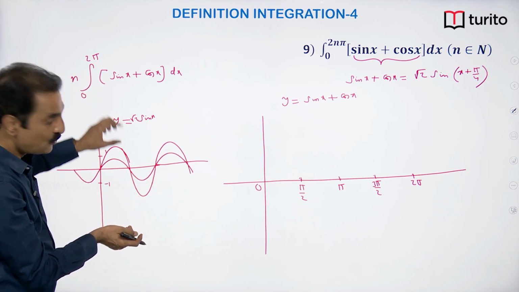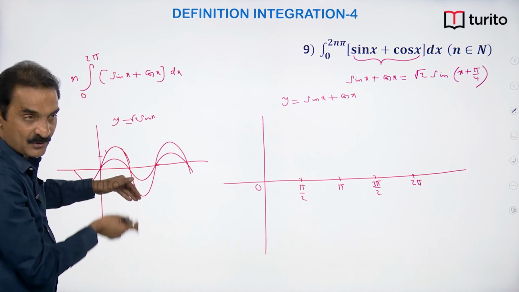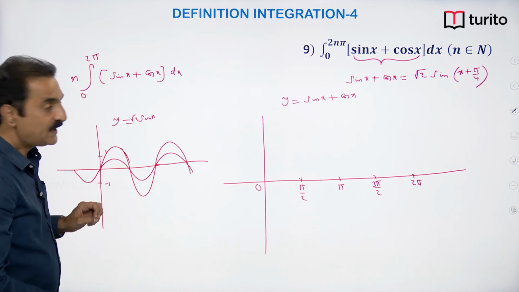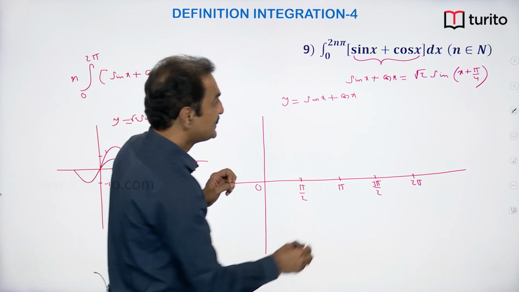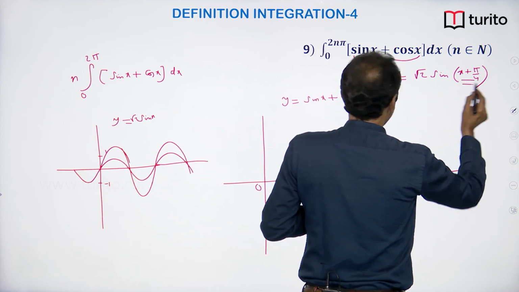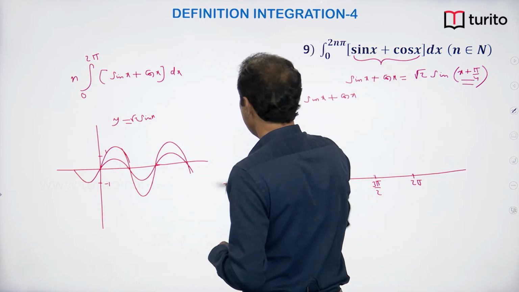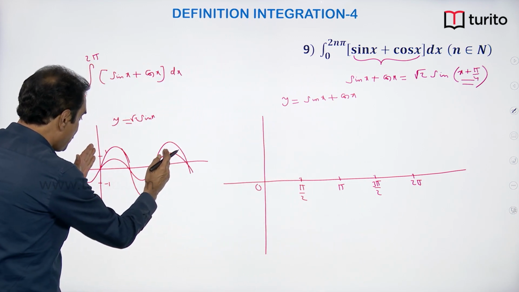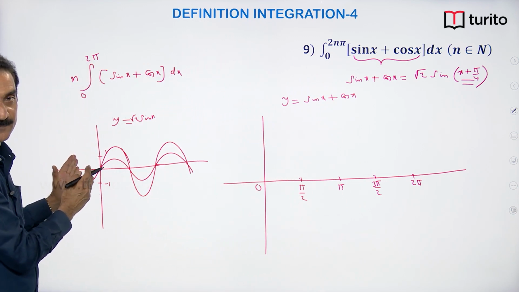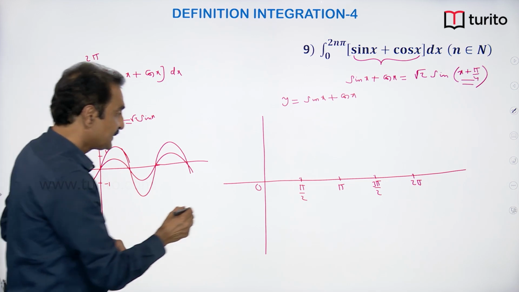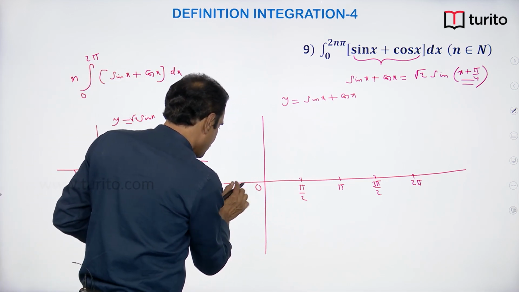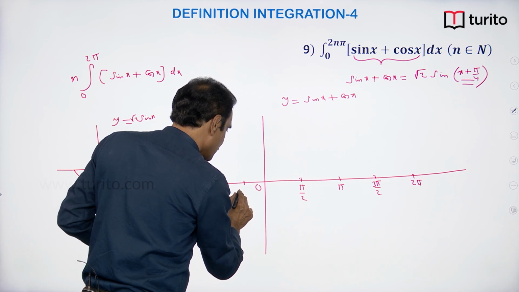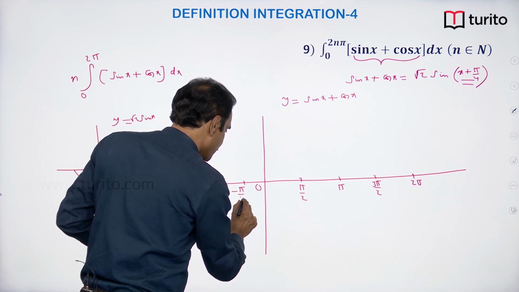Maximum value becomes root 2 times, minimum value also becomes root 2 times down. Okay. Next, in place of x, if you write x plus pi by 4, then you should shift this graph by pi by 4 units towards left. So this is pi by 2 now, so pi by 4 will be somewhere here, minus pi by 4.